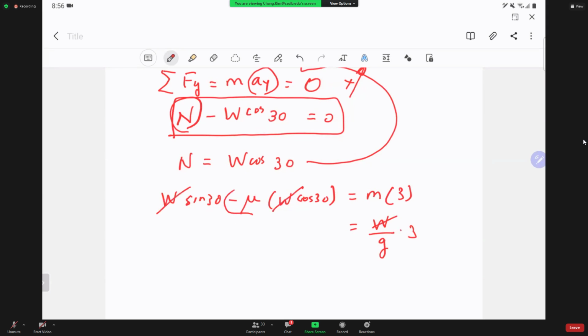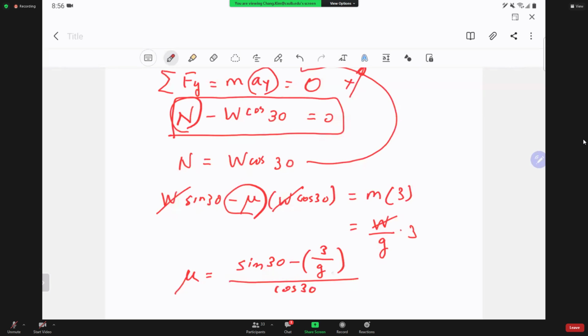If I solve for mu, then it's going to be sine of 30 minus 3 over g, divided by cosine of 30.